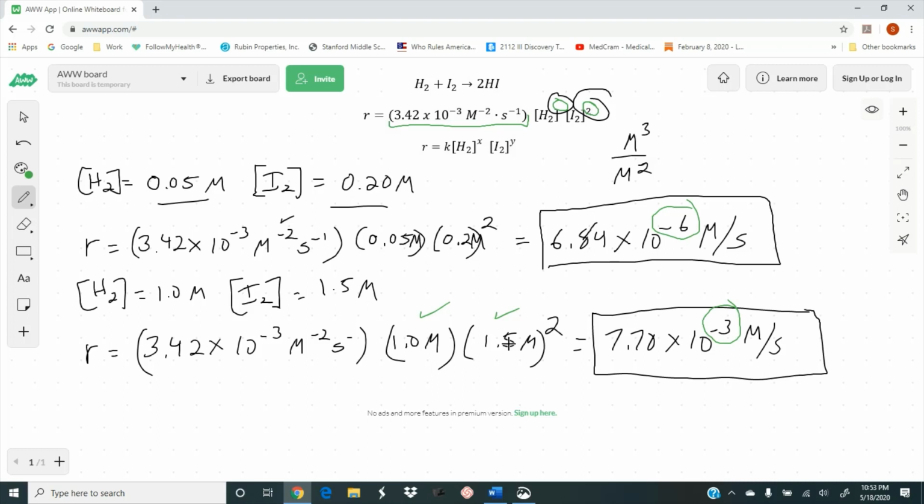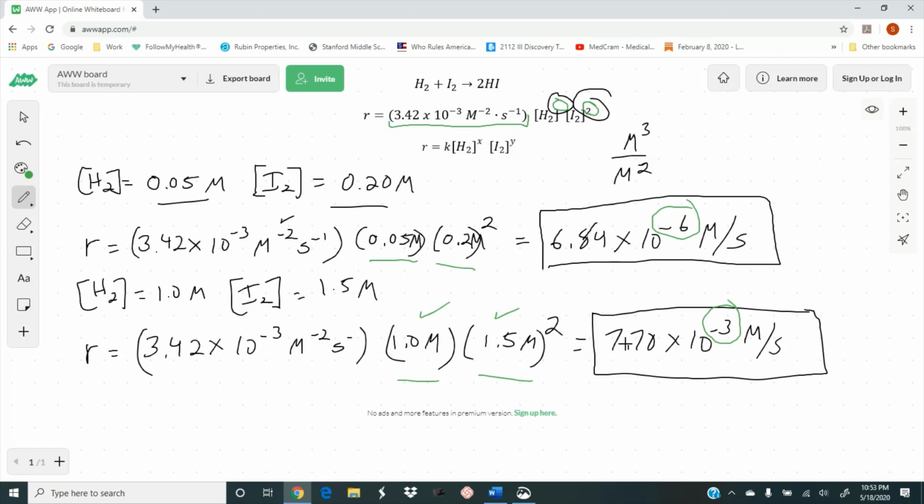Just like in the last section, you saw that one of the things that affects reaction rates is concentration. And here, we changed the concentration. Same rate law, we changed the concentration. It went from 0.05 and 0.2 to 1 and 1.5. We increased both of them, and by increasing both of them, we increased the overall rate.